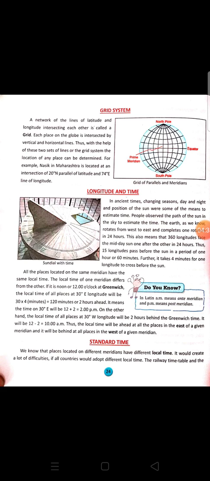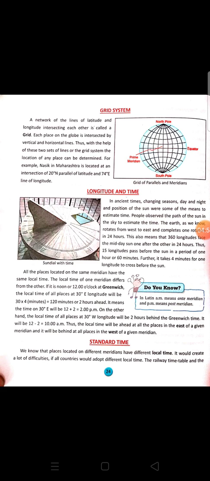If it is noon or 12 o'clock at Greenwich, the local time of all places at 30 degrees east longitude will be 30 times 4 minutes, equal to 120 minutes or 2 hours ahead.